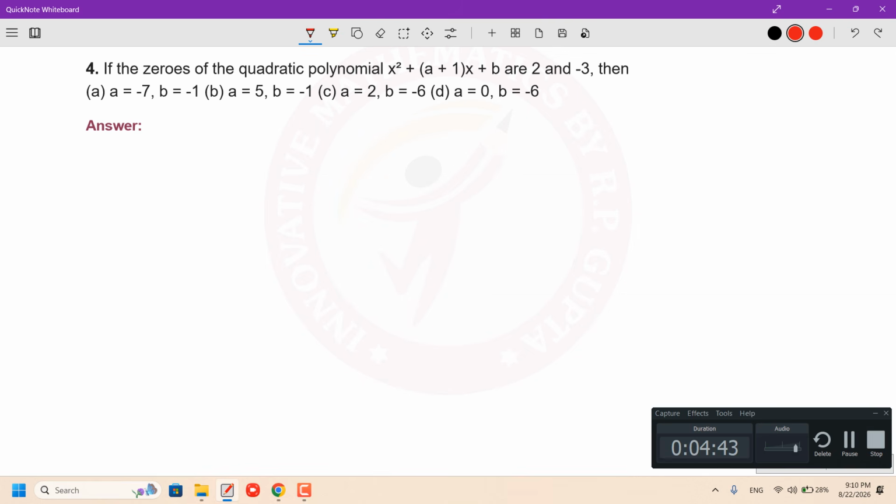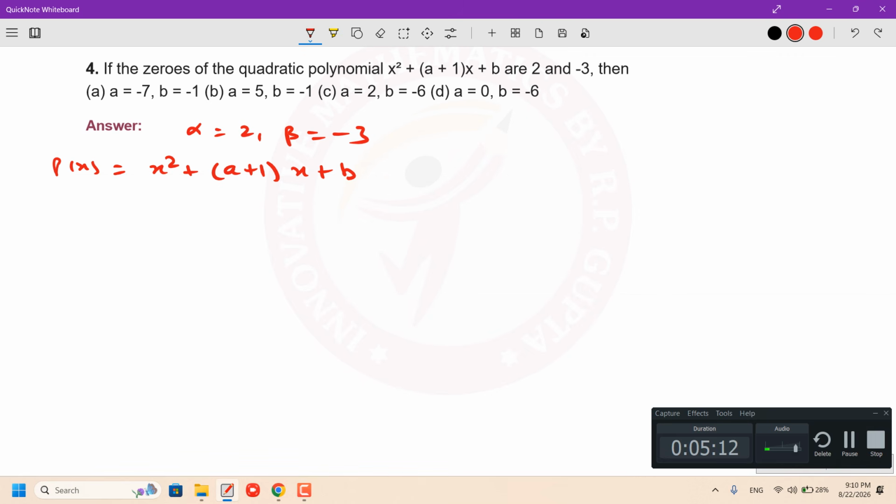Next question. If the zeros of the polynomial are 2 and minus 3, it means that alpha is equal to 2 and beta equals minus 3, and the quadratic polynomial px is given, that is x square plus a plus 1 into x plus b.